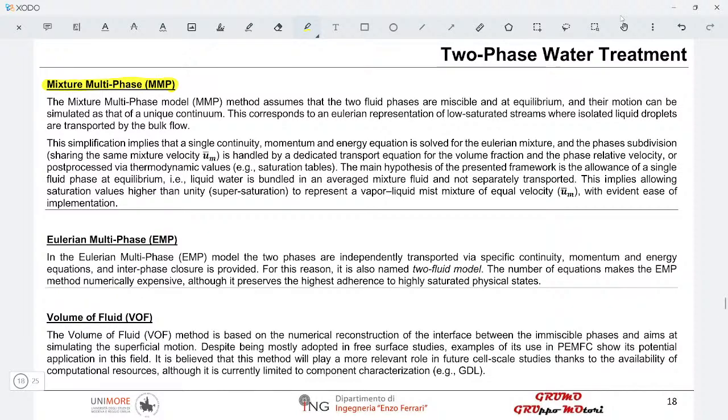But if you're not interested in tracking the individual droplets, you are just interested in knowing how much liquid do I have. Then you can consider a unique mixture fluid. Okay, mixture fluid means you basically create a mixture, so you make miscible two immiscible phases.